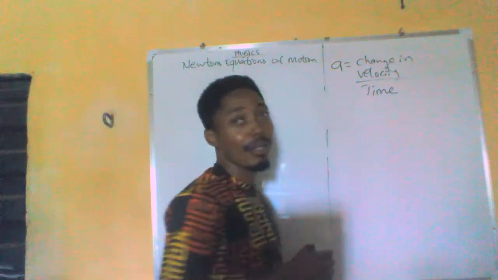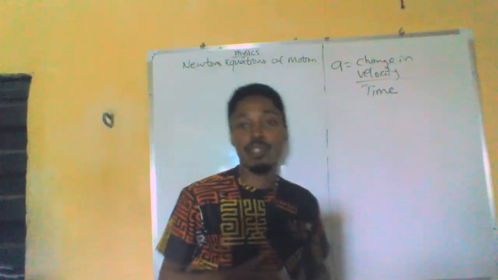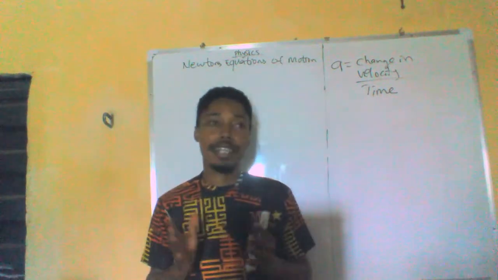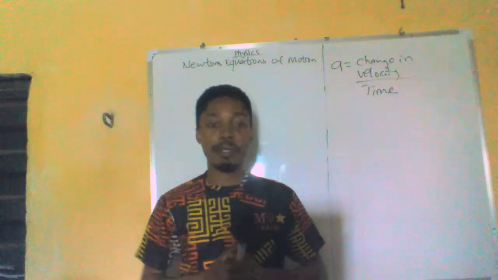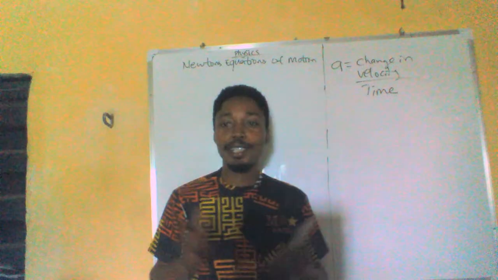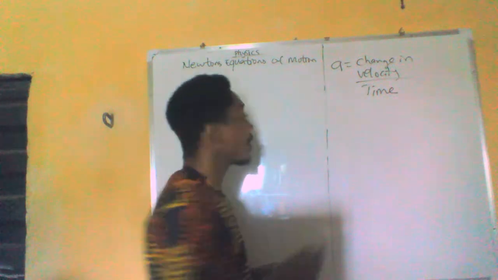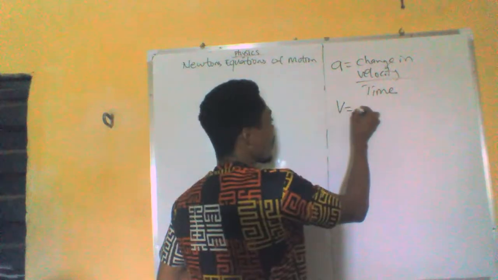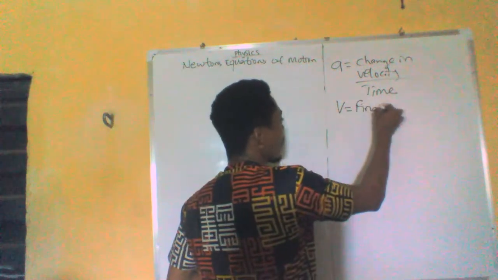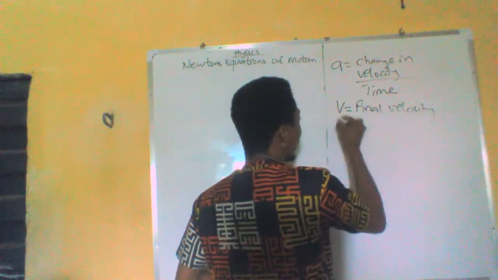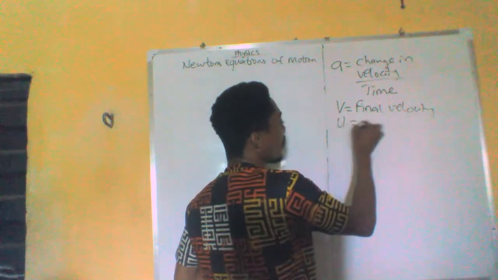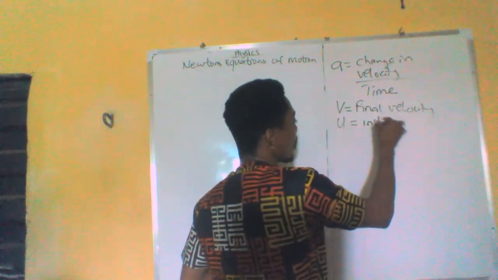When I'm talking about change in velocity, I'm referring to the difference between the final velocity and the initial velocity. Capital V is the final velocity, and U is the initial velocity.